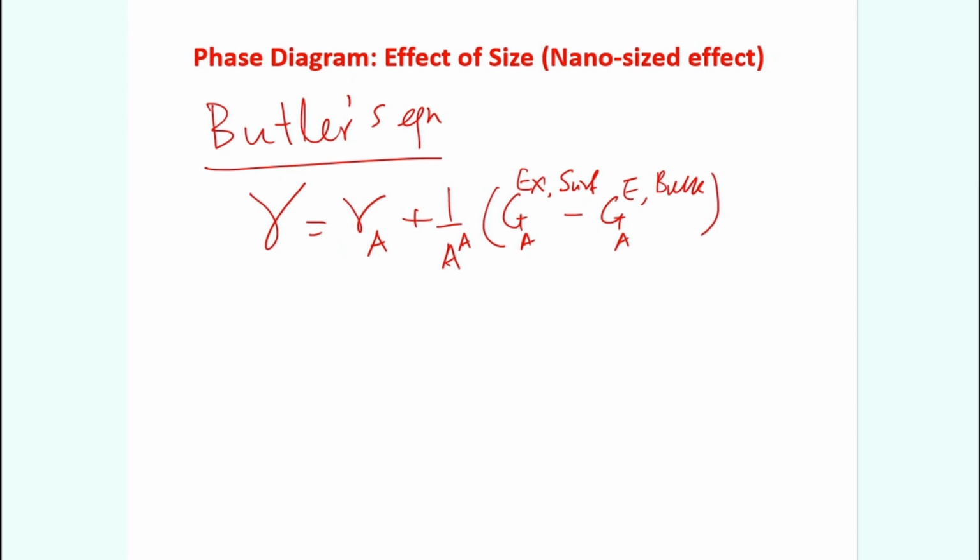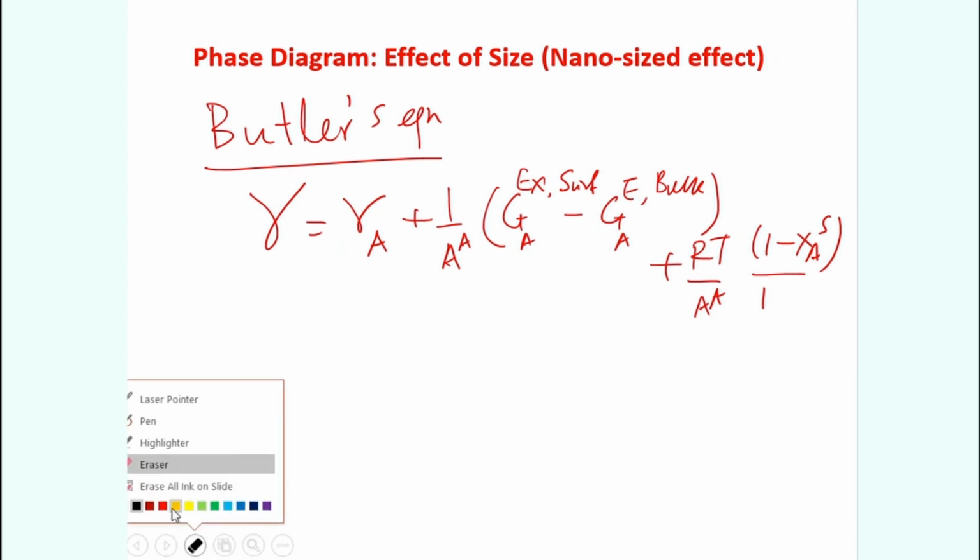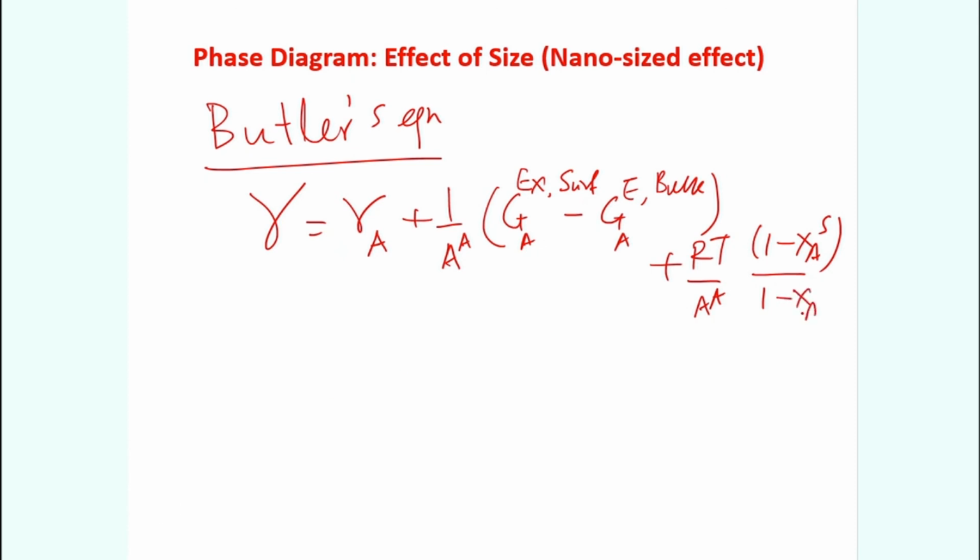The G excess surface also can be obtained if you know the surface composition, RT by A, 1 minus XA surface, 1 minus XA bulk, okay. And then what is A?